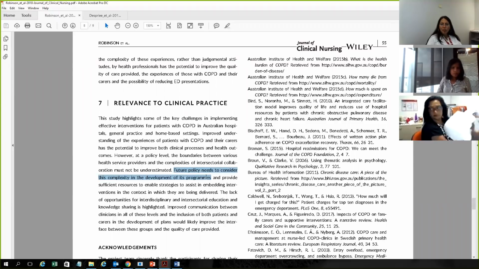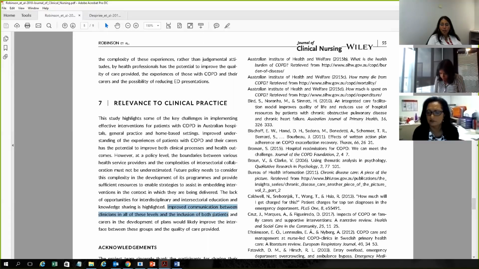Future policy needs to consider this complexity in the development of its programs and provide sufficient resources to enable strategies to assist in embedding interventions, etc. Also, there needs to be improved communication between clinicians in all these levels and the inclusion of both patients and carers. So you need to read the article. Most often, the recommendations are in the conclusion section. Sometimes it could be in the discussion as well. And you need to find the limitations and the recommendations.